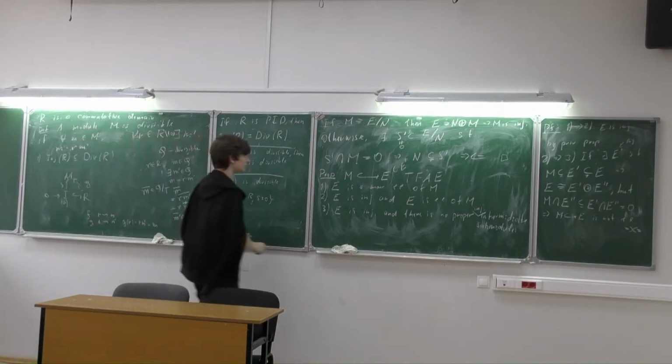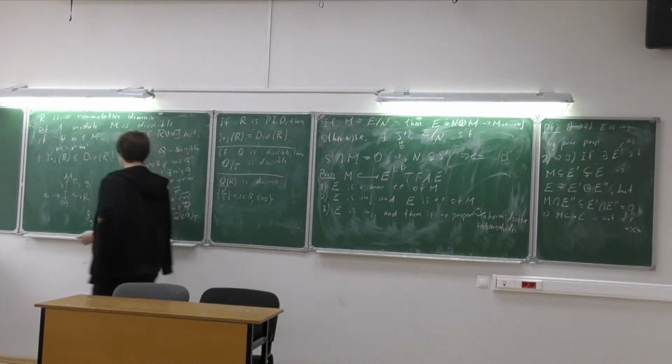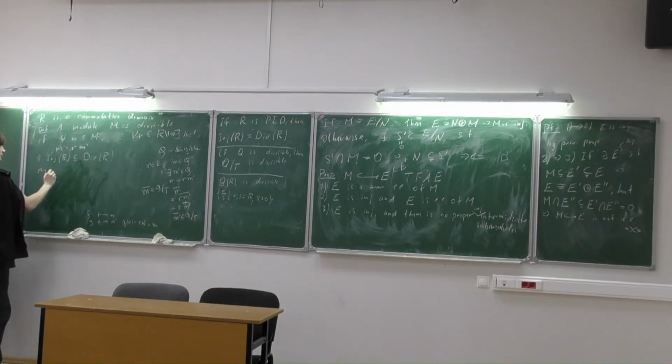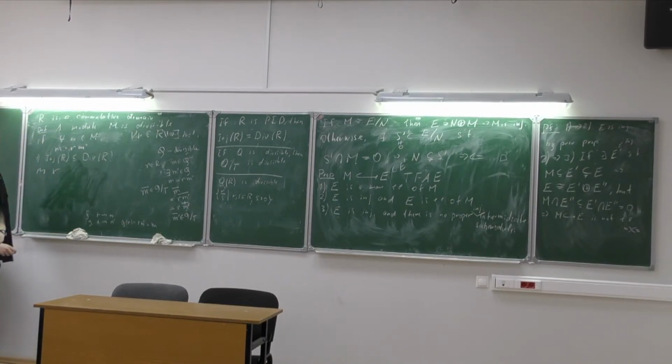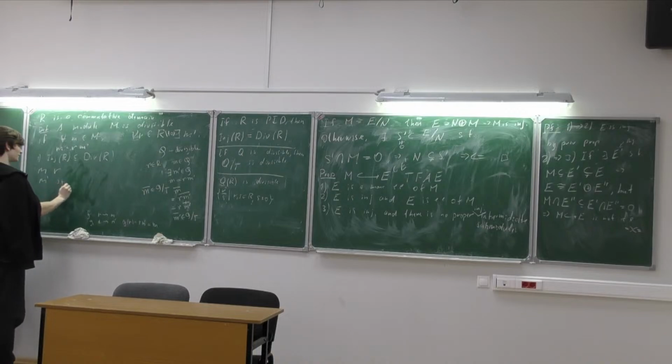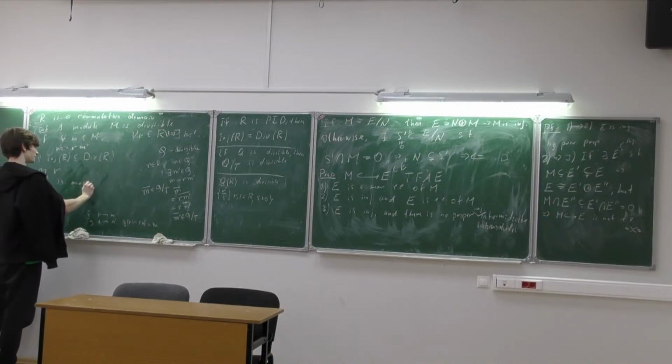So we have M and R. We need to find M prime such that M is equal to R M prime.